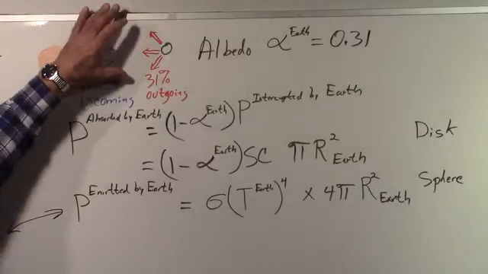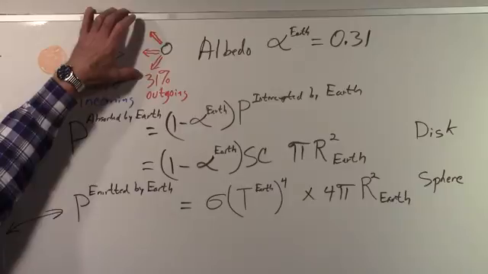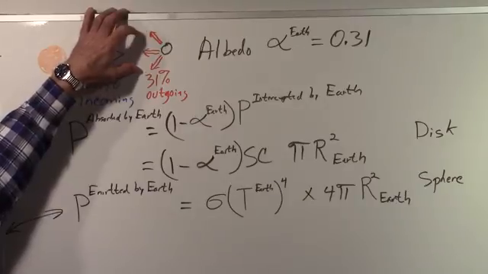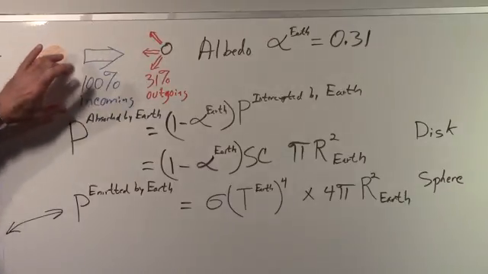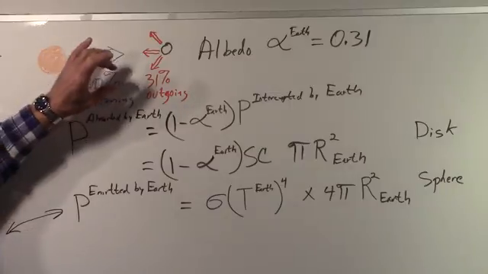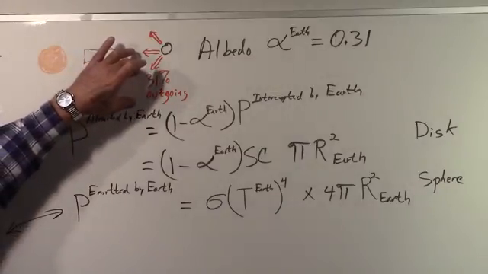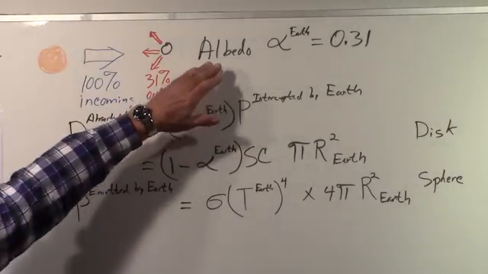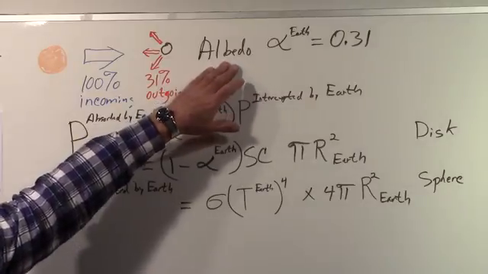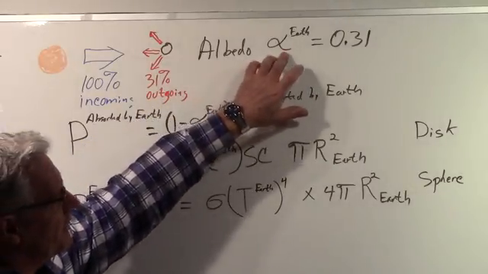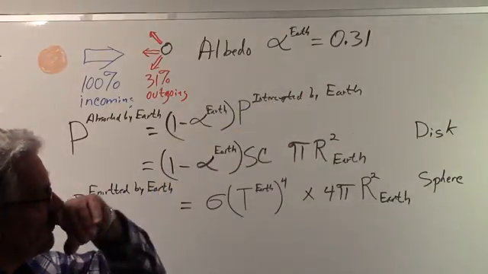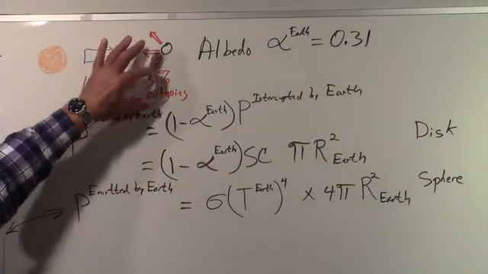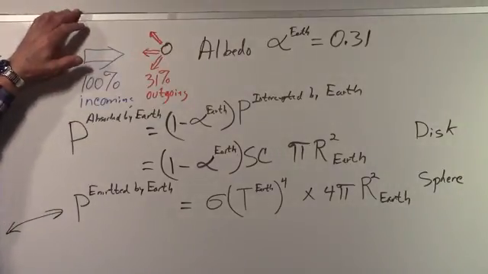The earth is going to reflect from clouds, from the earth's surface, from ice on the polar caps. It's going to reflect 31%. So we have 100% incoming, 31% outgoing, and we describe that as an albedo, the reflectance of the earth. The albedo for the earth, if you look it up, is roughly 0.31, meaning that 31% is reflected.